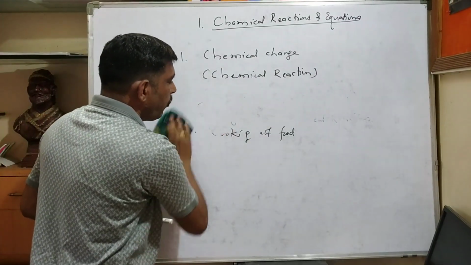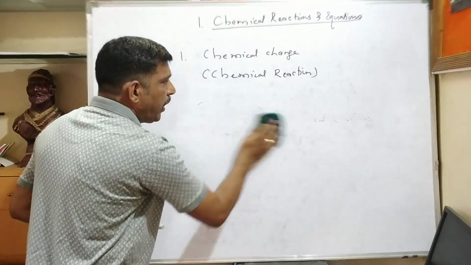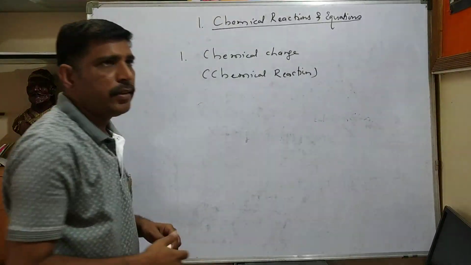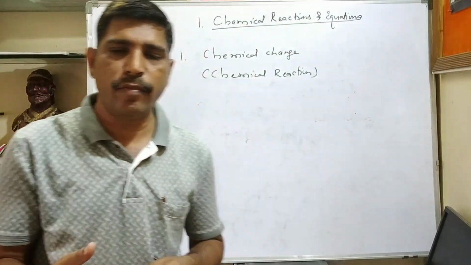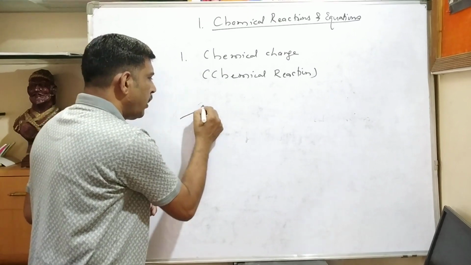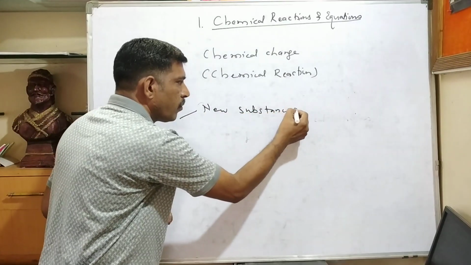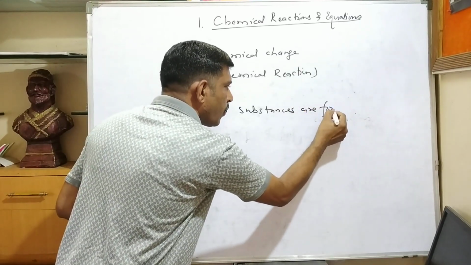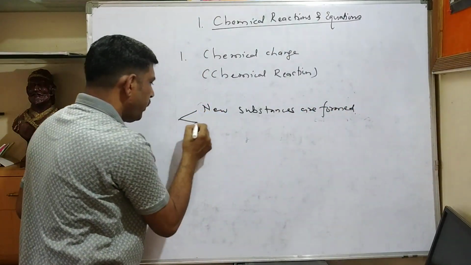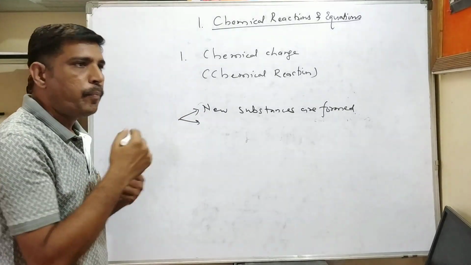So what actually happens in a chemical change? In any kind of chemical change, new things are formed. The first thing is that new substances are formed. The second thing is that generally it is a permanent change.